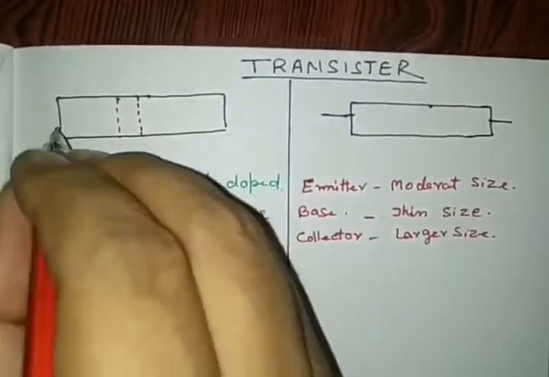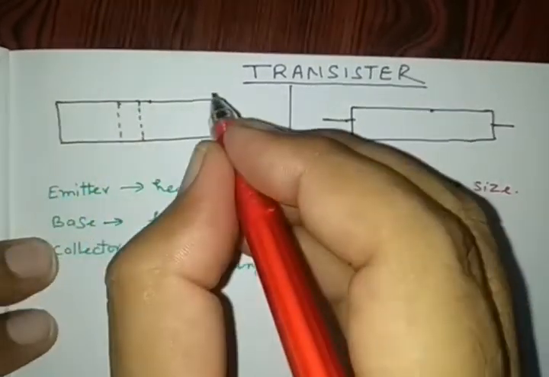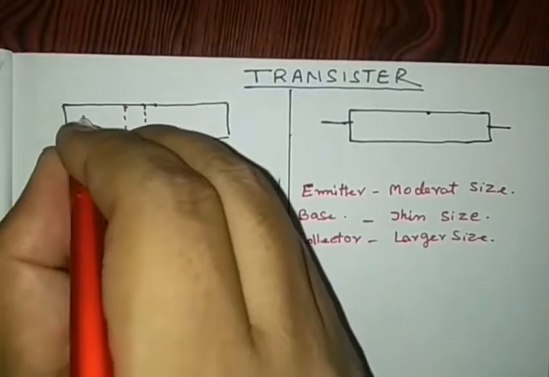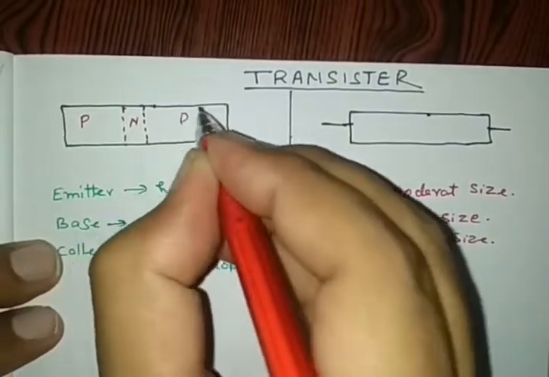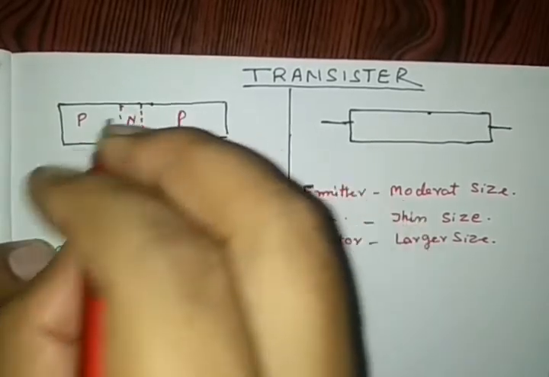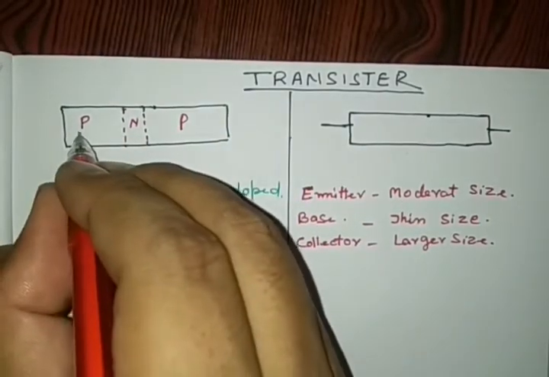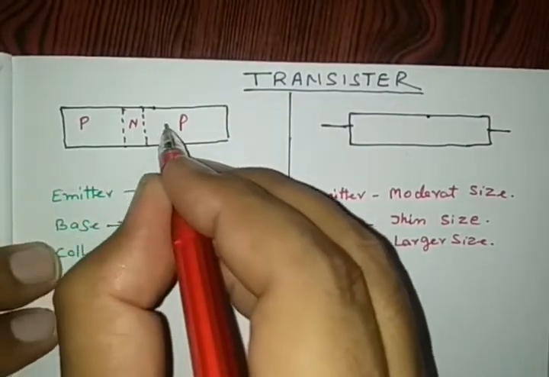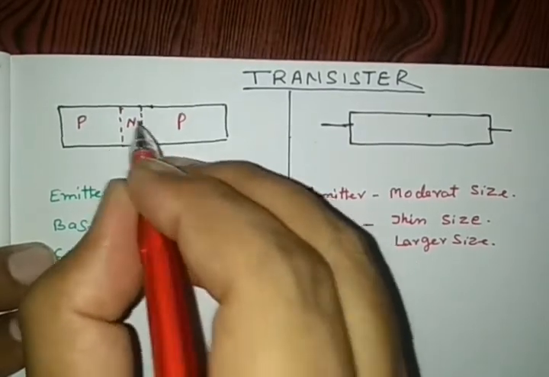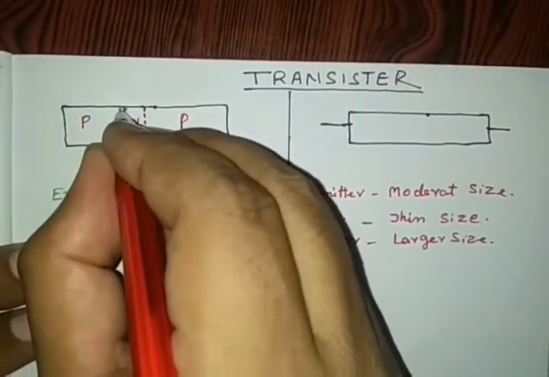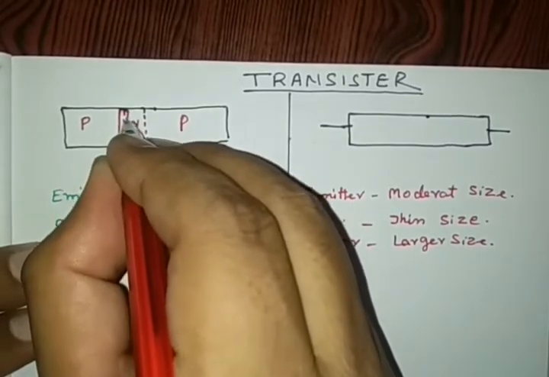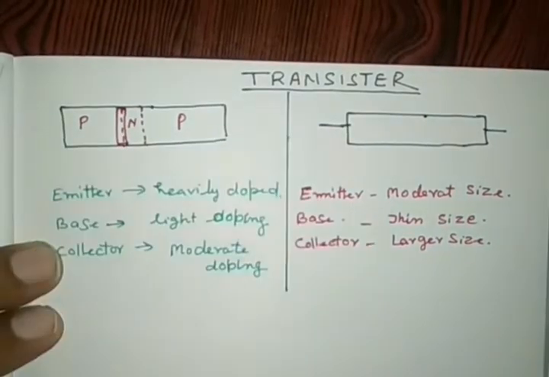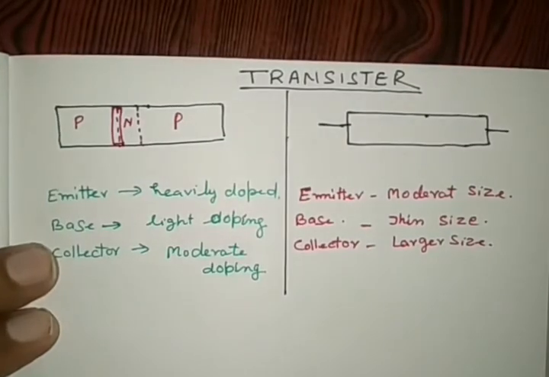First of all, we are going to take the example of the PNP transistor: P type semiconductor, N type semiconductor and P type semiconductor. Here there are two junctions in the transistor.